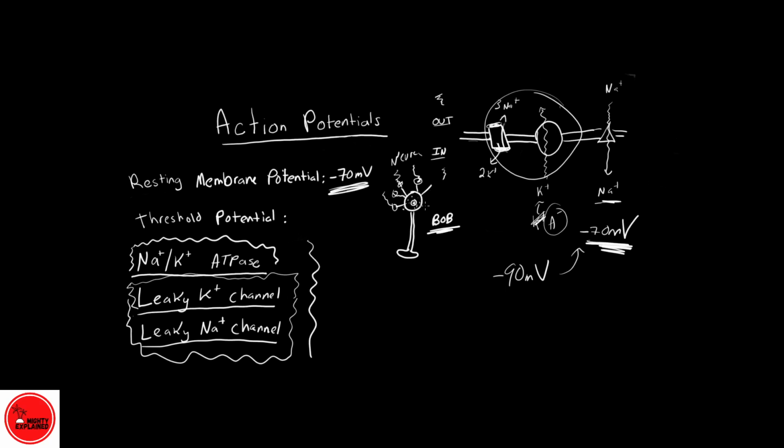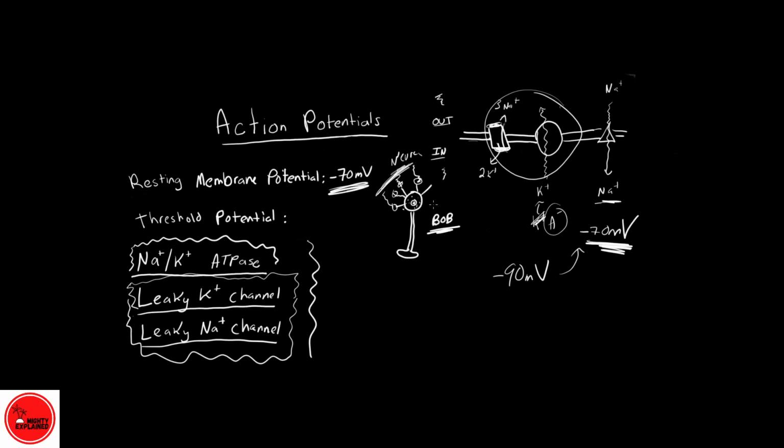There are little gaps, and they allow neurotransmitter to swim across that gap and hit Bob on one of his ligand-gated receptors. Ligand-gated receptors just mean that it responds to a molecule, it responds to a neurotransmitter.